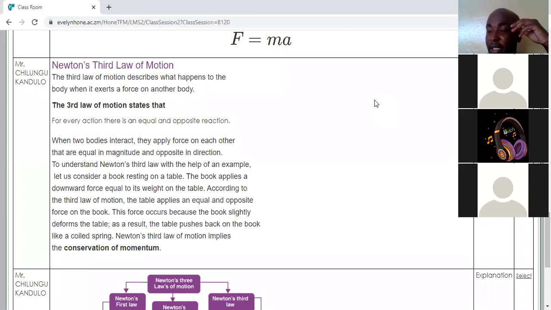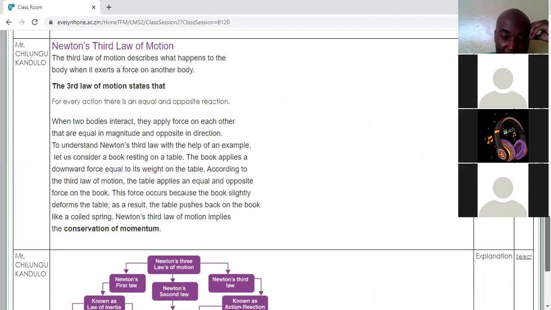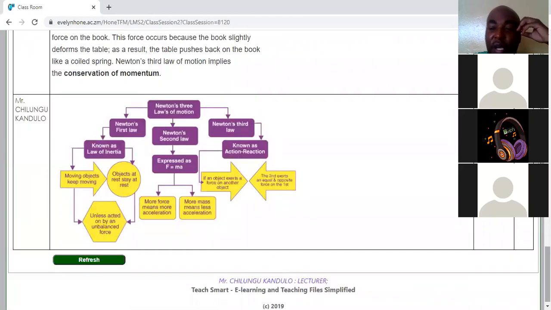So to summarize Newton's laws, there's this chart. I wish it was bigger where I was cropping, but it was small. That was unfair. So there are 3 laws. First law is known as the law of inertia. Objects at rest stay at rest.